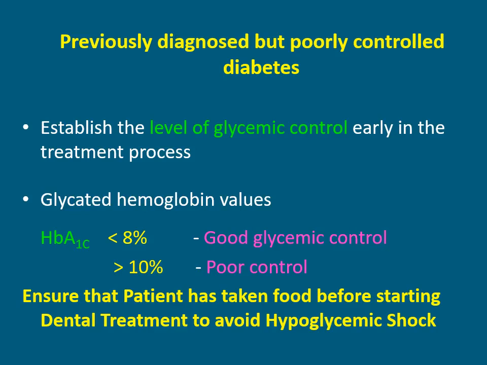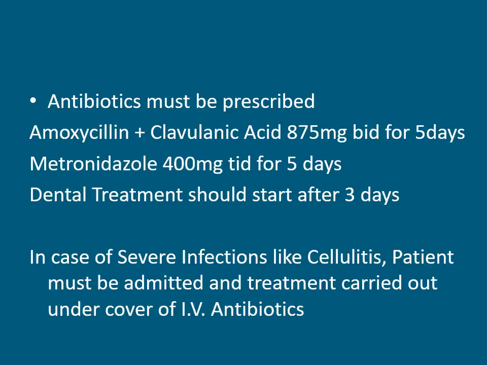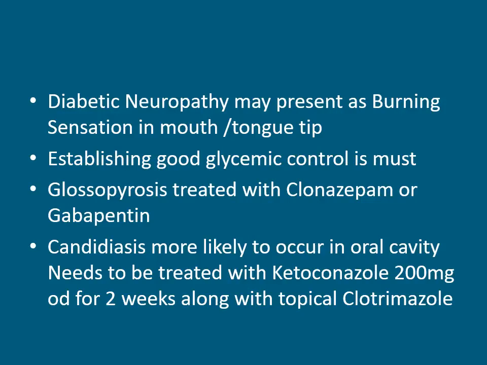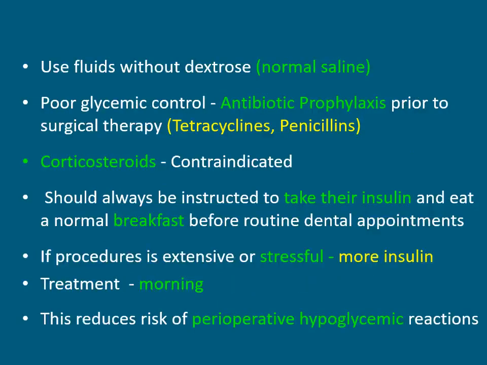Glycated hemoglobin values less than 8% is good glycemic control; greater than 10% is poor control. Use fluids without dextrose. Use normal saline.